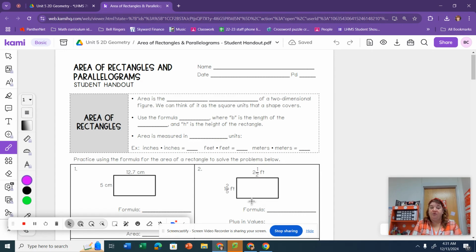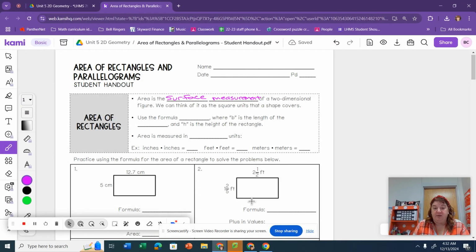So, area of a rectangle. The area is the surface measurement of a two-dimensional figure. We can think of it as the square units that a shape covers.